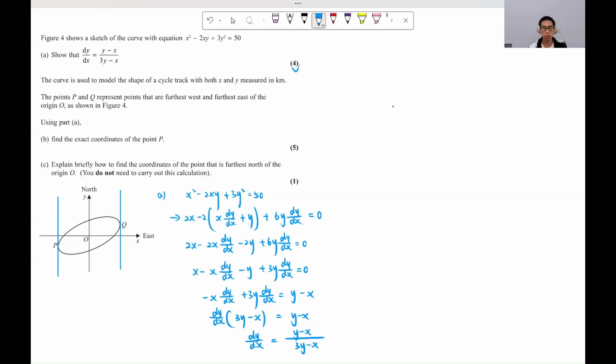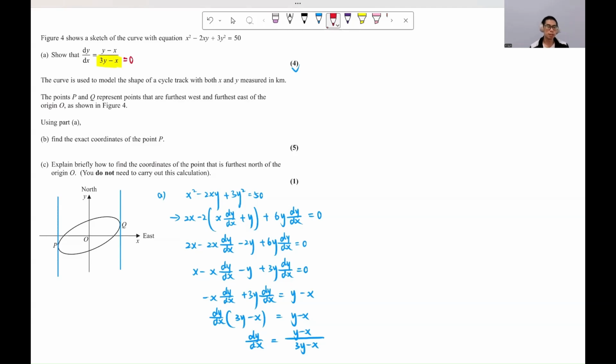So that means the gradient at P is the same as the gradient of the vertical line, and the gradient of the vertical line is infinity. The reason is that if we divide by 0, it gives us infinity. So which just means the denominator is equal to 0.